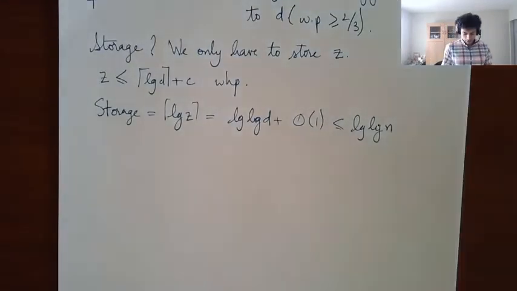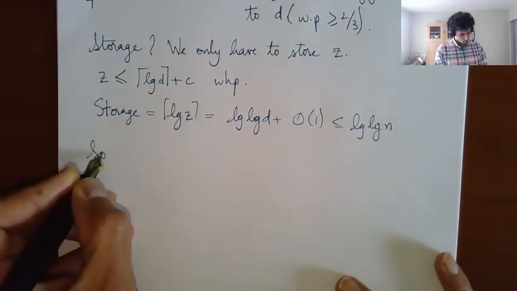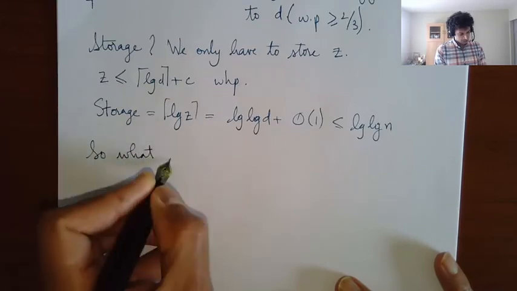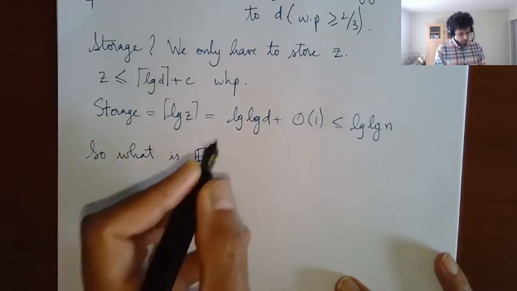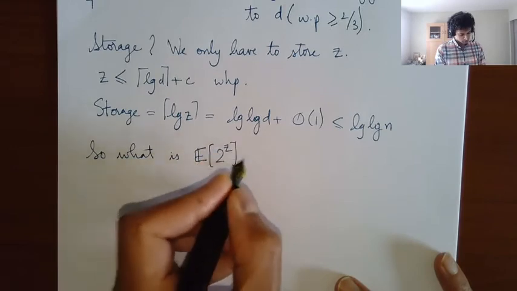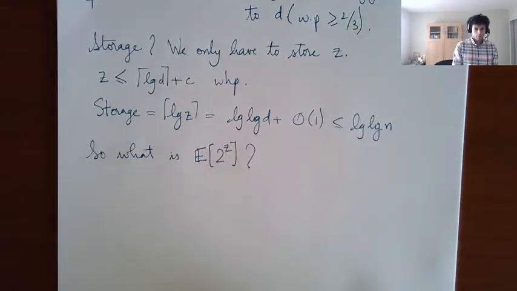This still leads to the question of, so what is the expectation of 2 to the z? So we did this sort of crude analysis. We know that you can push this further.